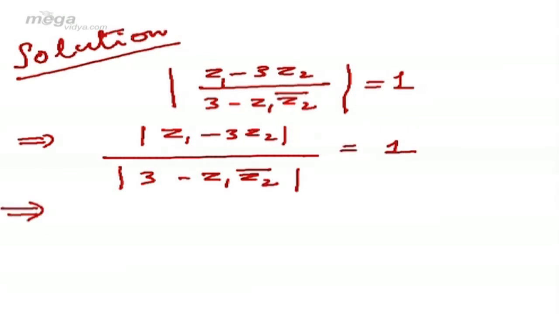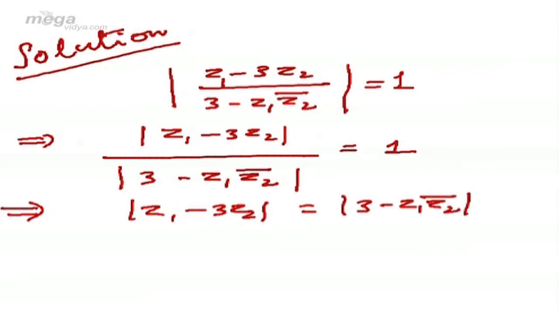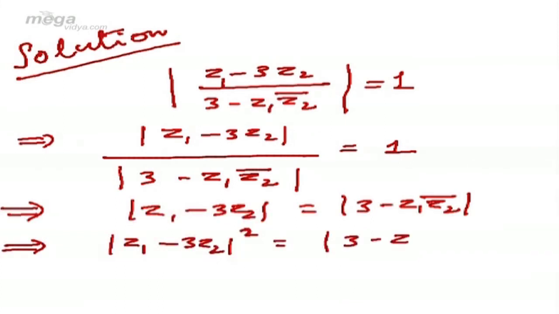This gives mod of (z1 minus 3z2) is equal to mod of (3 minus z1 z2 bar). By squaring both sides, we get mod of (z1 minus 3z2) whole square is equal to mod of (3 minus z1 z2 bar) whole square.